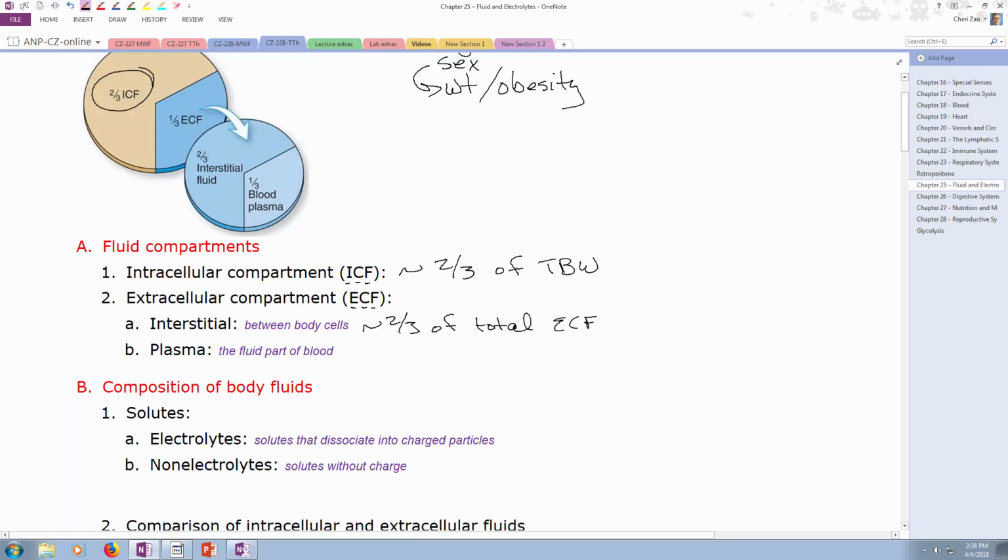So the plasma, which is 4 to 5 liters of blood, depending upon our sex, is indeed the smallest component here of our fluid compartmentalization.